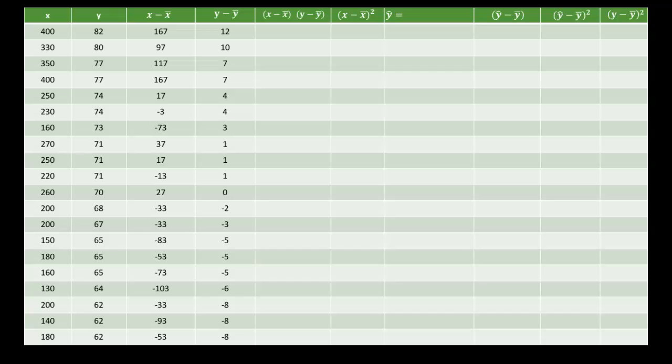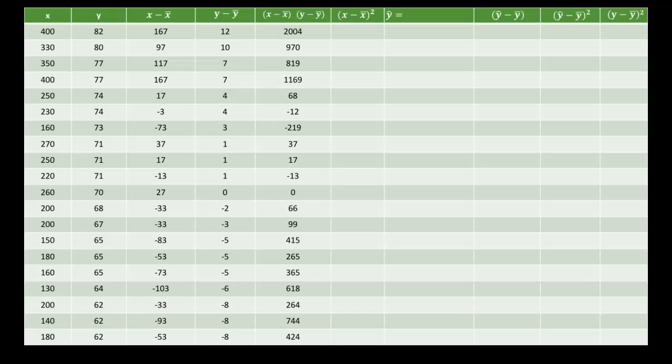Our next list is x minus x bar times y minus y bar. So that's your third and your fourth list multiplied together. So if we do that, our list will look like this. So 167 times 12 gets you 2004. 97 times 10 gets you 970.